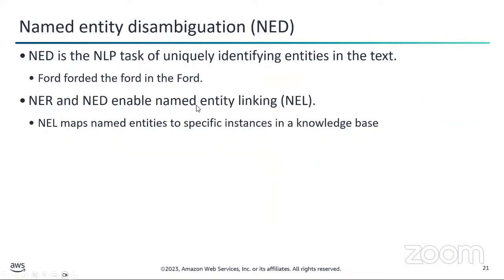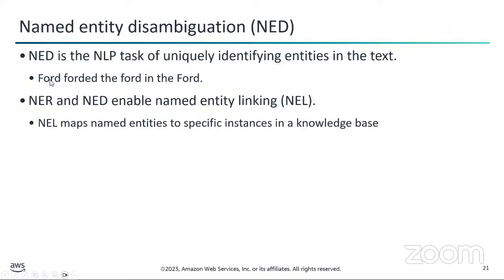Then for disambiguation, named entity disambiguation, or NED, is the NLP task of uniquely identifying entities. For example, "Ford forwarded the Ford in the Ford." Over here, Ford appears four times, but each one has a different meaning in context.